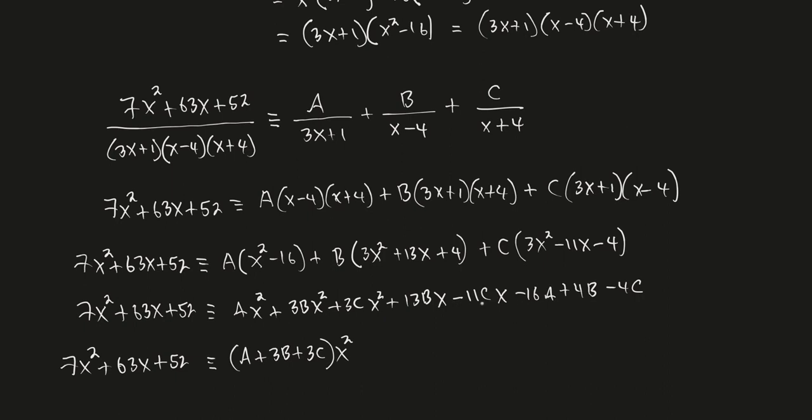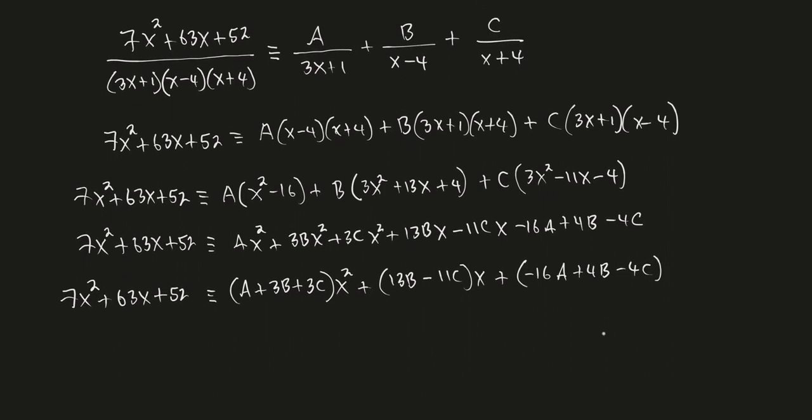And then now if I factor out an x over here, I will have 13b minus 11c times x. And then here would be my constant, so I'm going to write it as plus negative 16a plus 4b minus 4c.